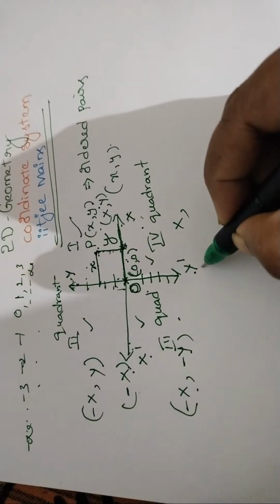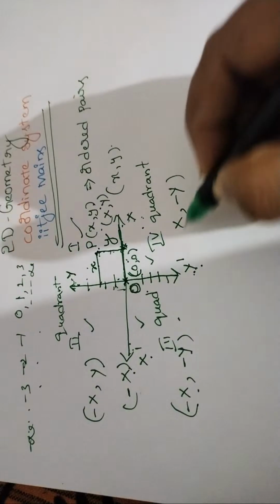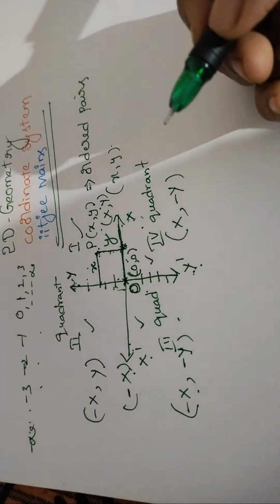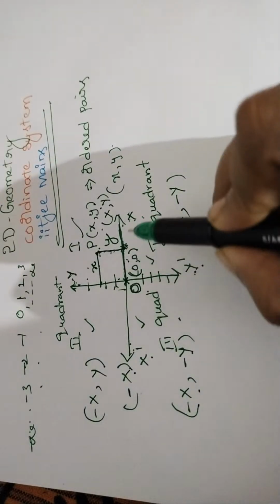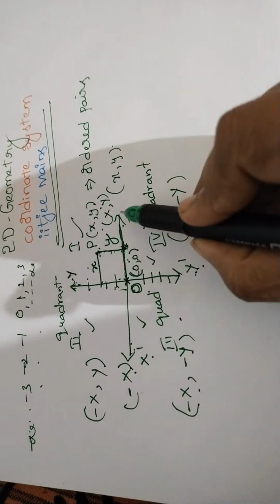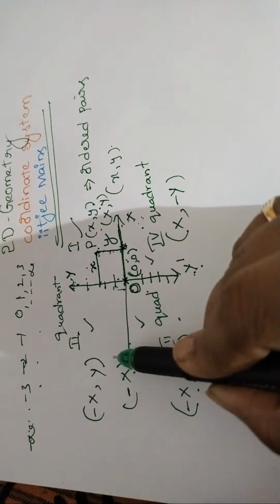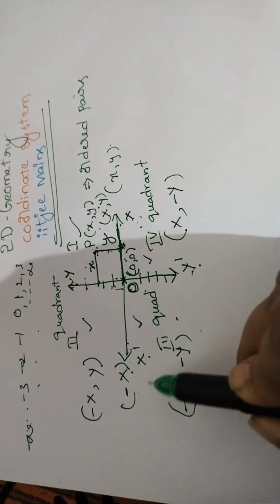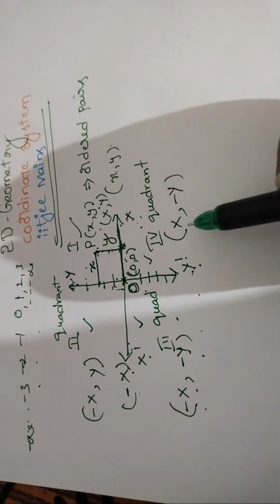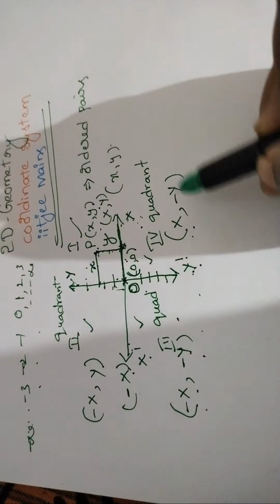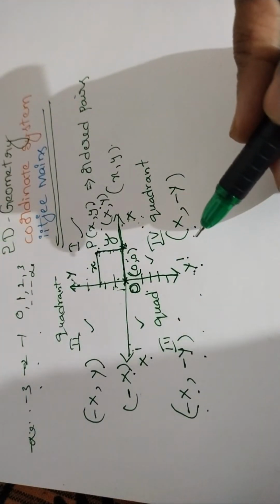Here y is below 0, meaning minus y. So in the first quadrant both are positive: x positive, y positive. Second quadrant, x is negative, y is positive. Third quadrant, x is negative, y is negative. Fourth quadrant, x is positive, y is negative. So these are the 4 quadrants in the coordinate system.